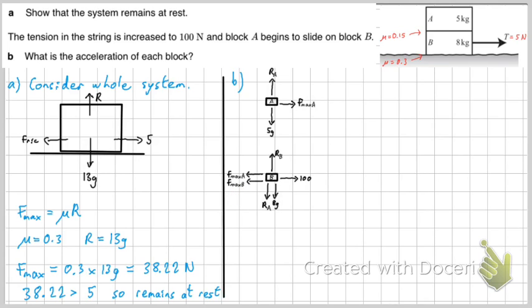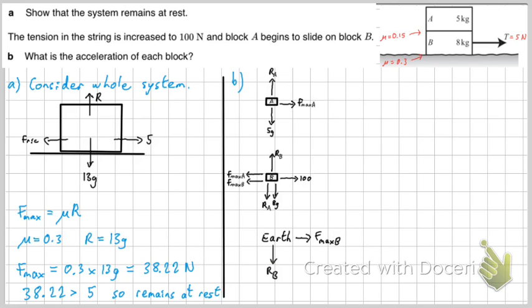These are now complete force diagrams, but you might be wondering, where are the equal and opposite forces for RB, for the 100, for the 8g here, and for F max B? Well, those exist, but we haven't drawn them because we haven't done a force diagram for the ground. If we did that, it would look like this. For the Earth, you'd have F max B pulling it the other way, so the Earth is being pulled to the right by that friction.